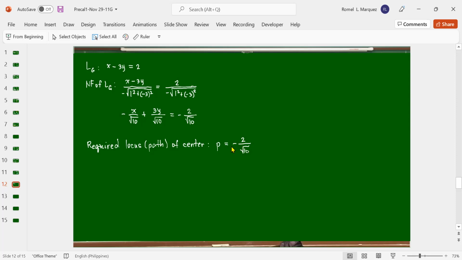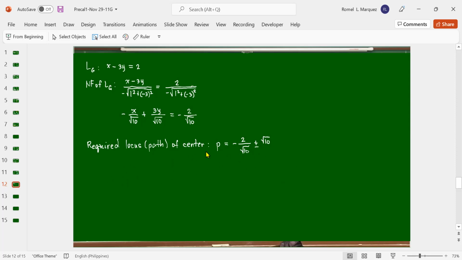How far is it from the orange? That is square root of 10. Moving forward, moving backward. So minus square root of 10 is backward, the one that is below, and plus square root of 10 is the one that is above. Okay?